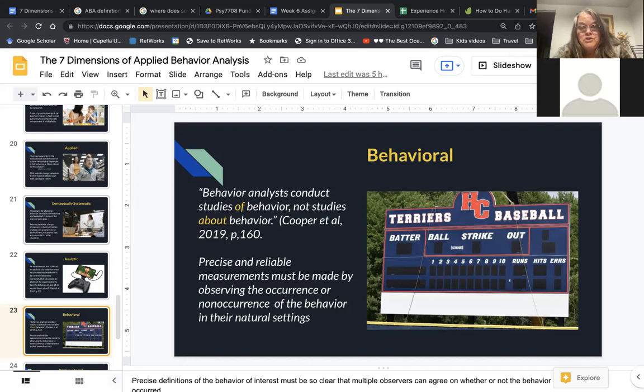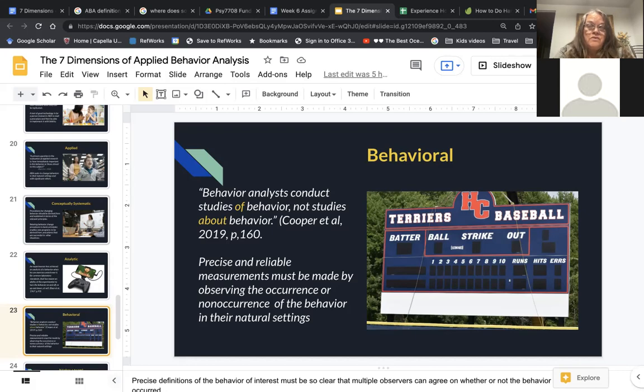Or did the pitcher pitch the ball into the little strike zone? And the rules of the game are so clearly defined that multiple people can agree on whether or not that rule was followed. And even so, we have to have referees in games that judge, did that behavior follow the rules?